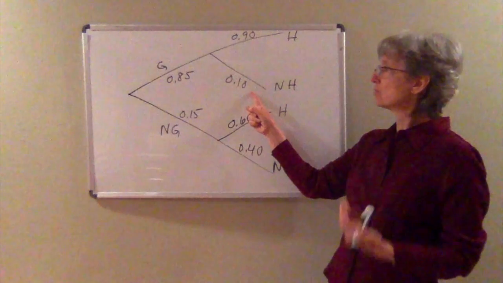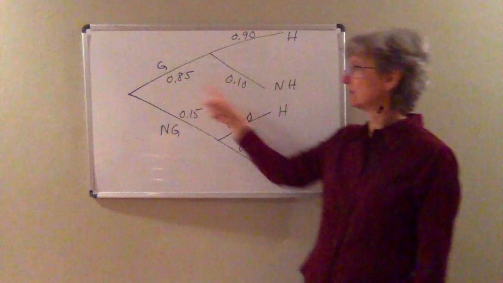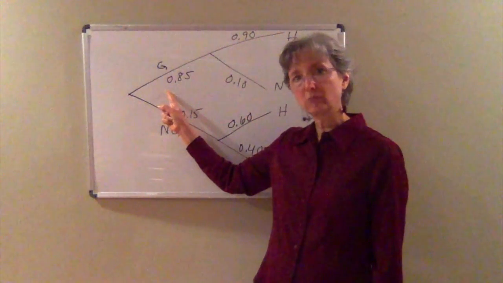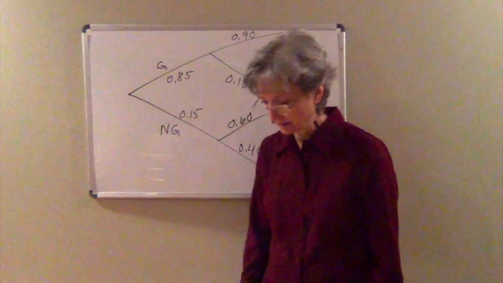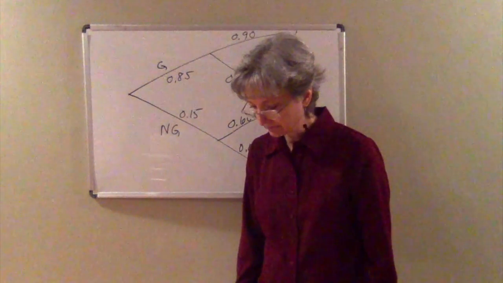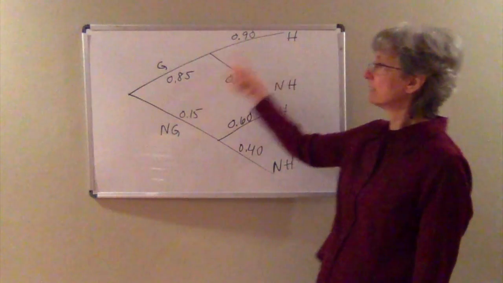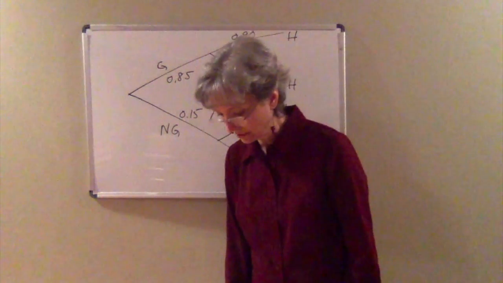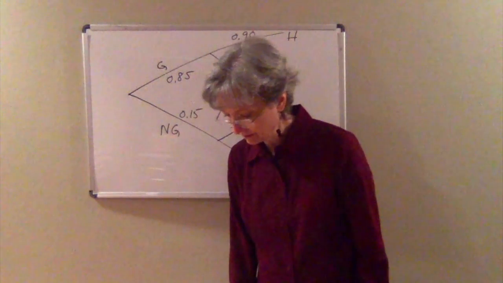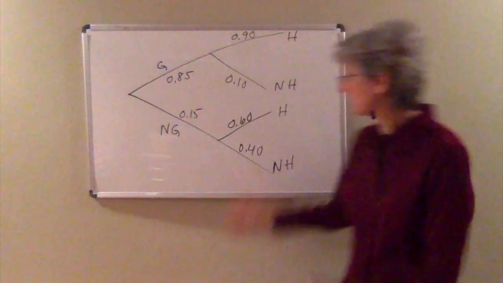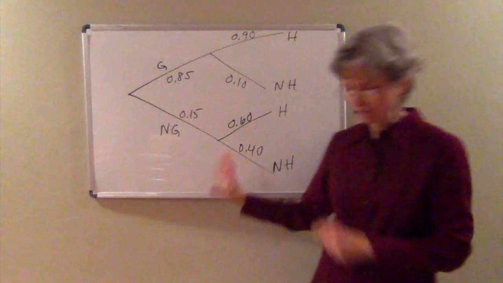So here is those who are not happy given that they graduated, right? That's kind of the idea. This is the probability that they were happy given that they graduated, that type of thing. That's how to read this. Does that kind of make sense?